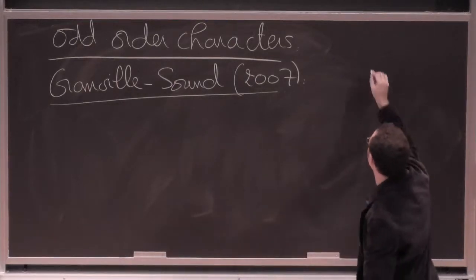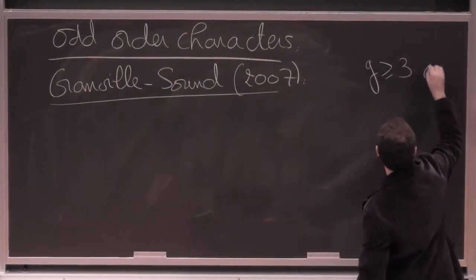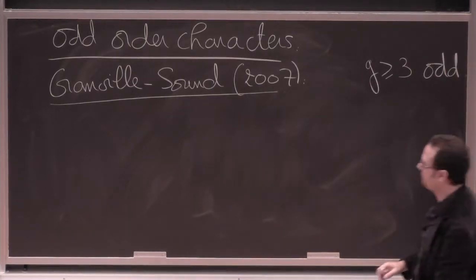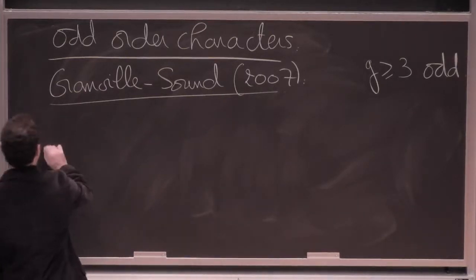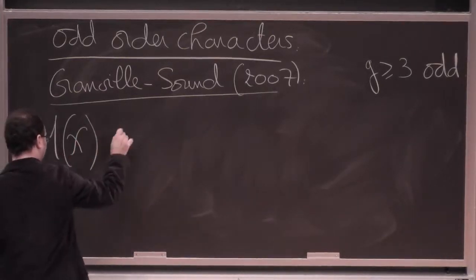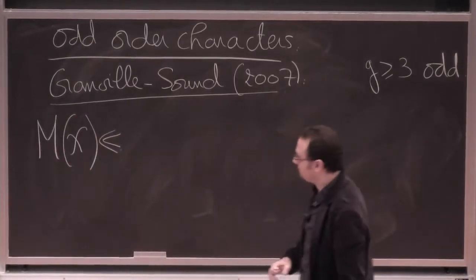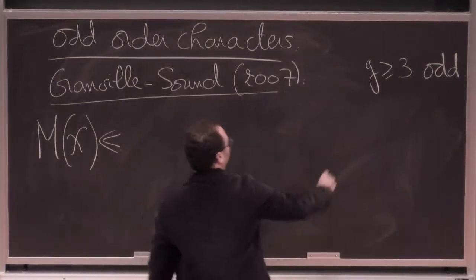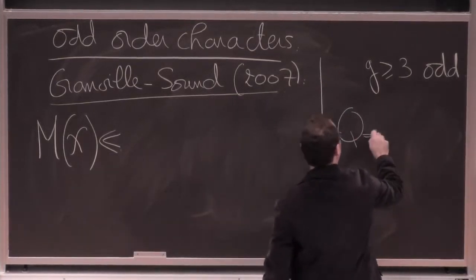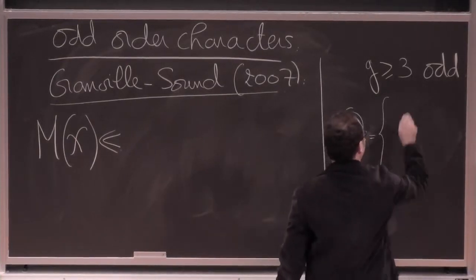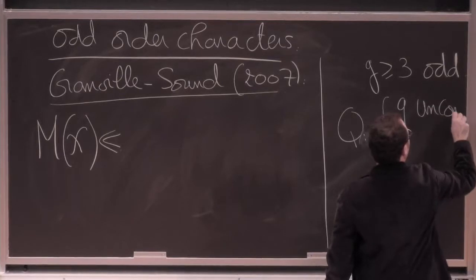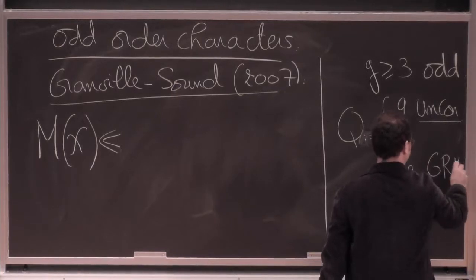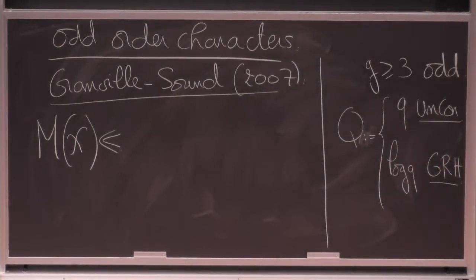So here let me take g greater than or equal to 3 odd throughout the talk, and g will be fixed. So what Granville and Lamzouri proved is that, to state the result simultaneously for Vinogradov, which is the unconditional case, and Montgomery and Vaughan, which is the conditional one, let me add this variable here, capital Q, which will be throughout the talk: let Q be q unconditionally, and log q on GRH. And you can express all these results in terms of this capital Q.